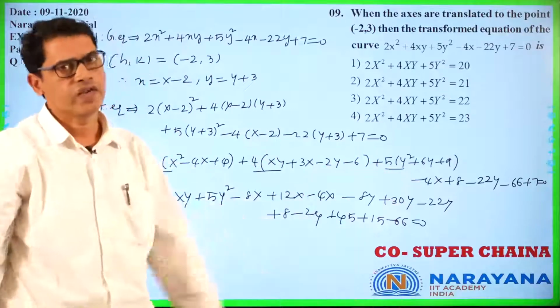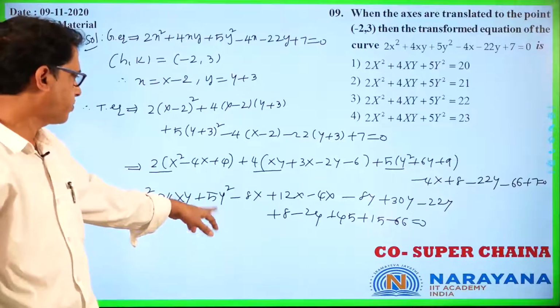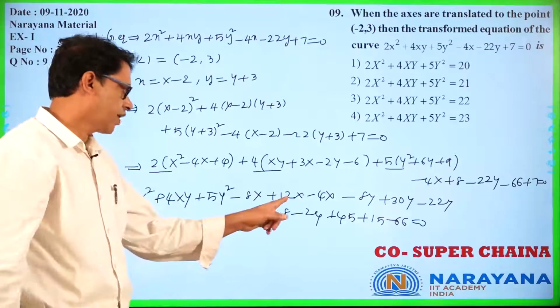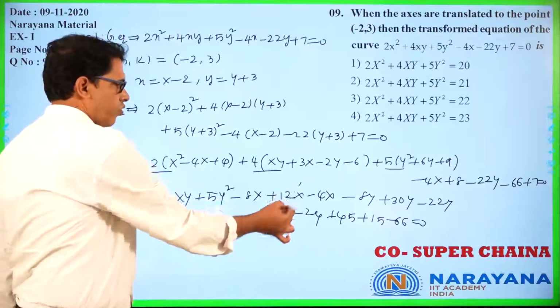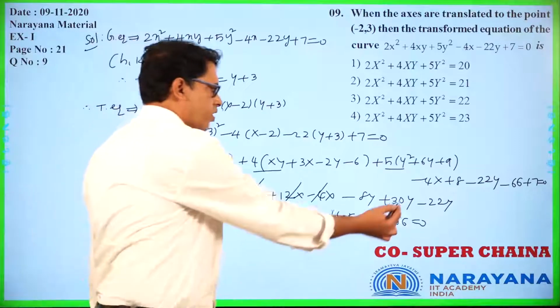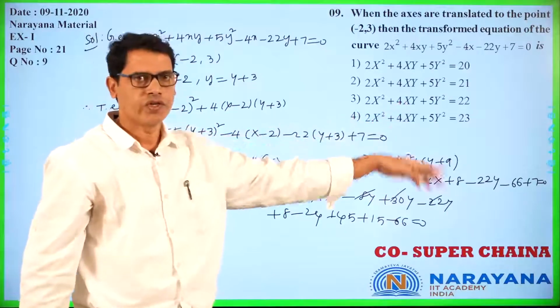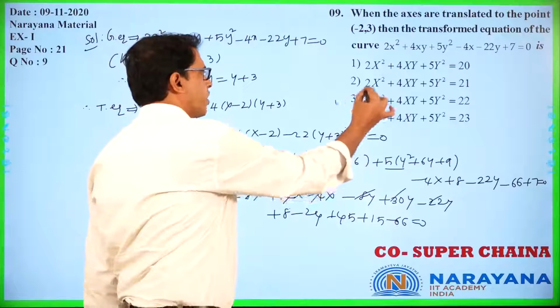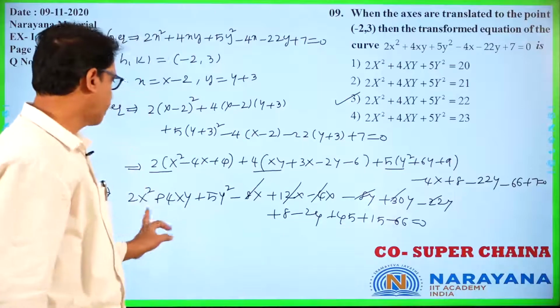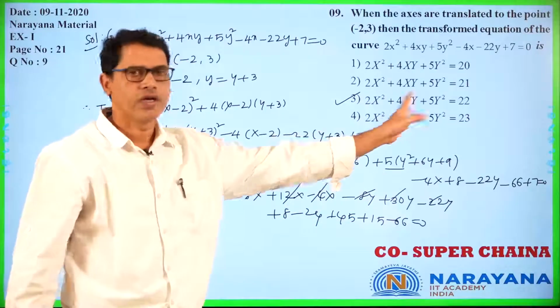If you simplify, the x terms get cancelled out, the y terms get cancelled out, and the constant will be 22. So 2x square plus 4xy plus 5y square equals 22.